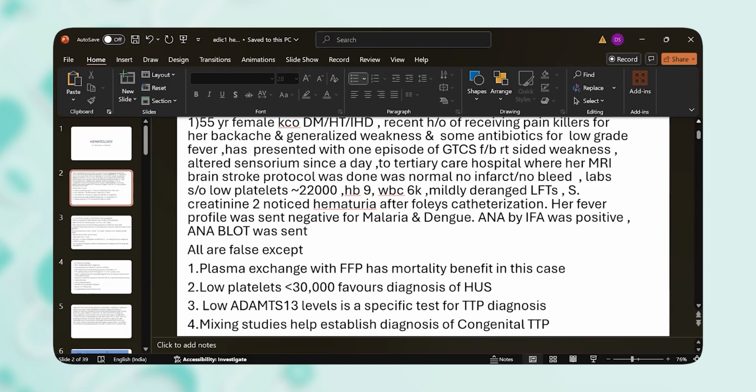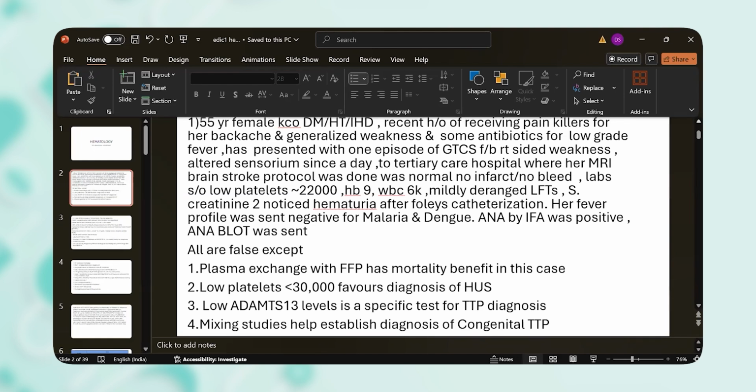Can anybody make out what this case is all about? Yes, TTP. In hematology there are only 8 to 10 cases, and TTP, APLA and all these are very favorite topics in EDIC. So yes, it is TTP, but can you choose the false statement?